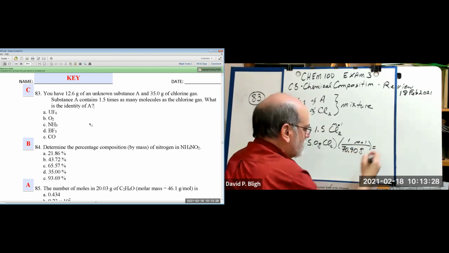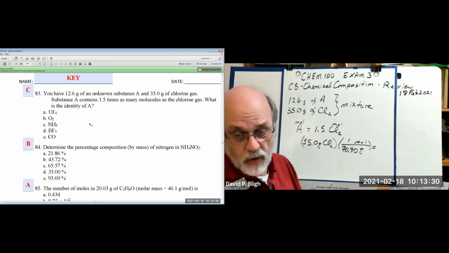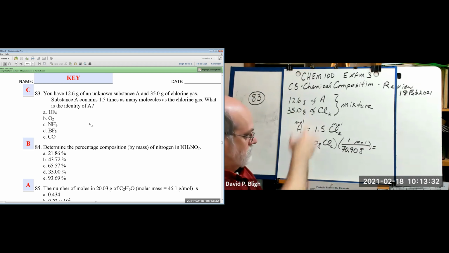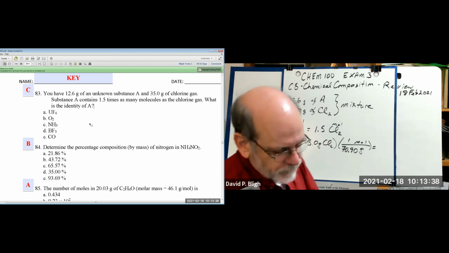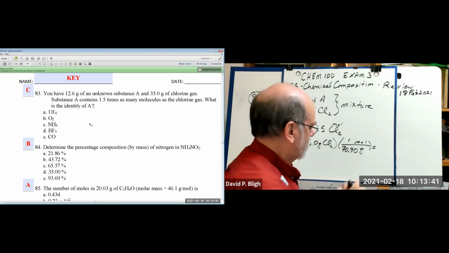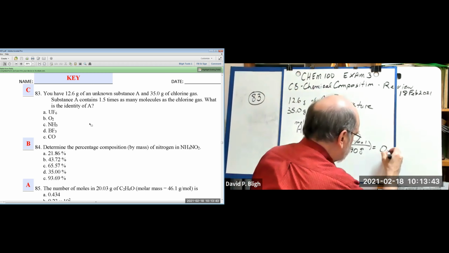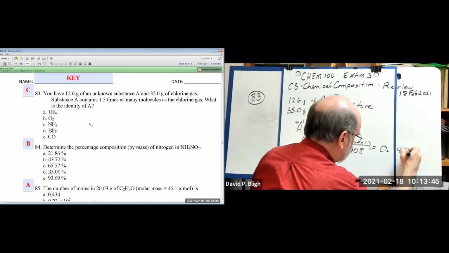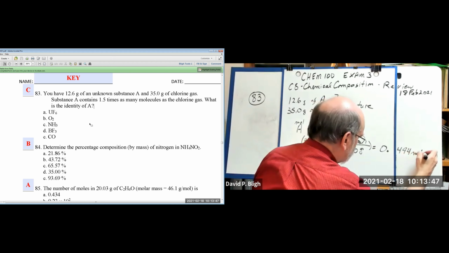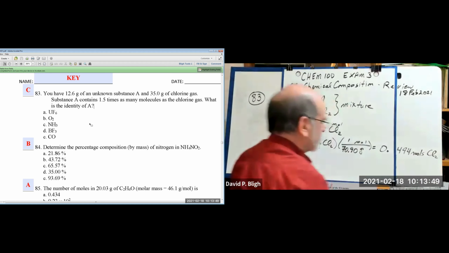Zero, actually. So this will tell us how many moles of chlorine there are in this mixture. I got 0.494 of chlorine gas.